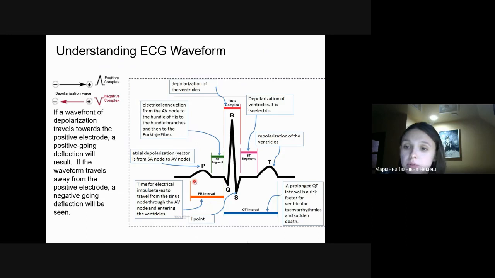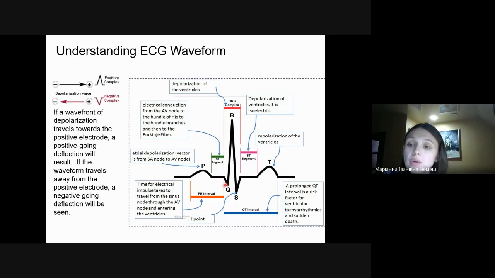Then comes the PR interval, or PQ interval, which starts from the beginning of P and ends at the beginning of Q. This is the time during which electrical impulses travel from the sinus node through the AV node and enter the ventricles.